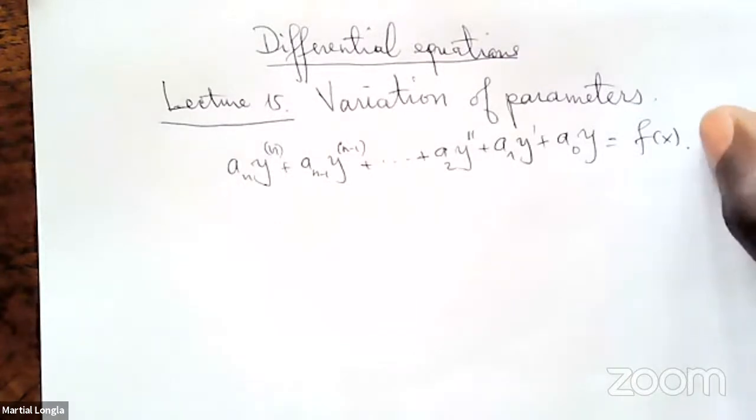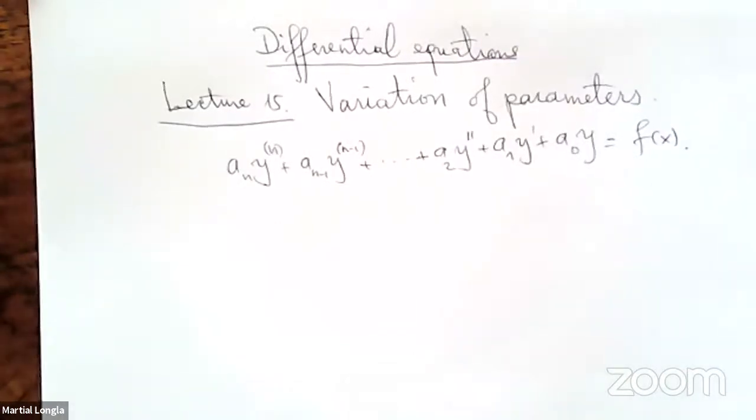And the right-hand side, f(x), is not of a special kind like the one we had in the previous topic.